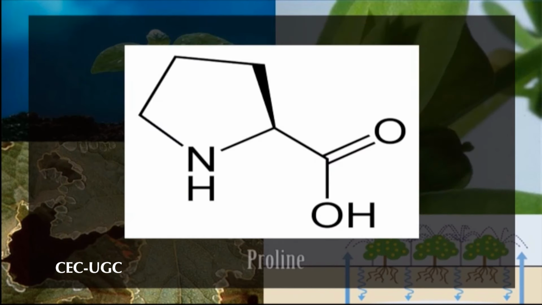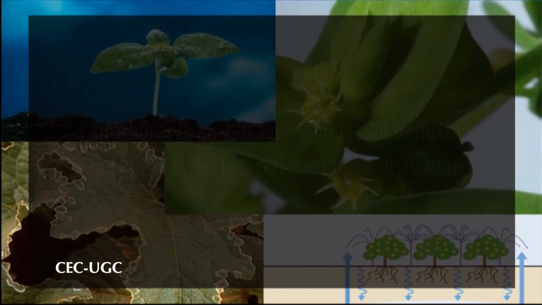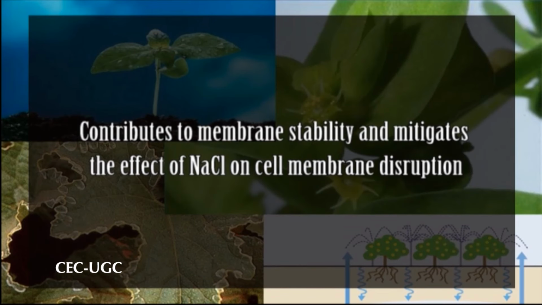Proline occurs widely in higher plants and accumulates in larger amounts than other amino acids. Proline accumulation normally occurs in the cytosol, where it contributes substantially to the cytoplasmic osmotic adjustment. It is osmotically very active and contributes to membrane stability and mitigates the effect of NaCl on cell membrane disruption.